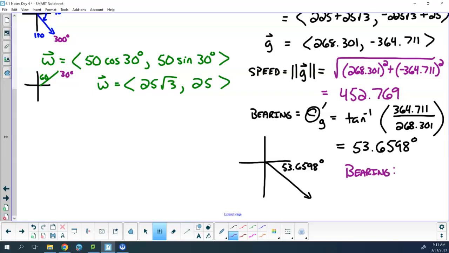How'd you get it? Added that 90 because that comes off of the top up here, and that bearing angle comes all the way there, so that is 143.66 degrees.